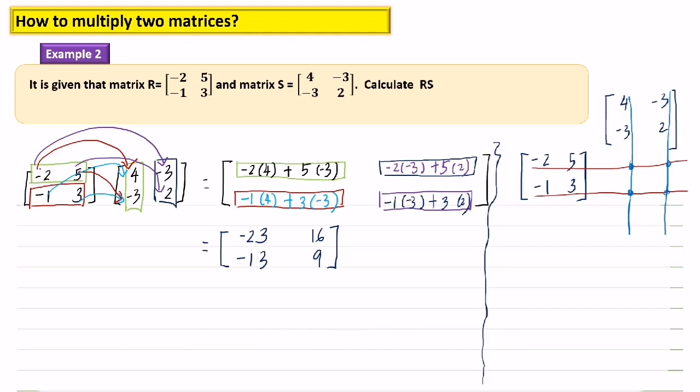Always first number times first number, second number times second number. So you follow the lines. Here first row, first column, so the number is here. How to write it?